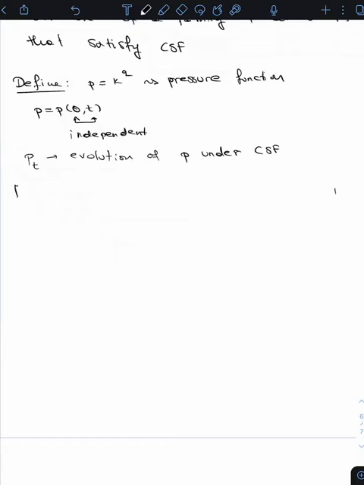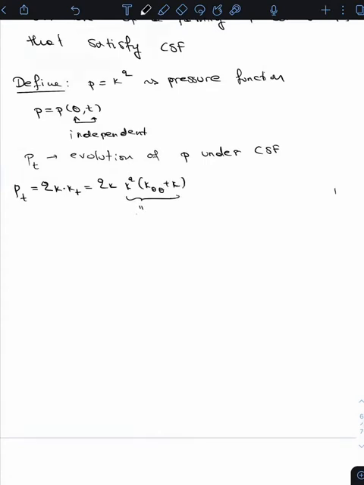Okay, as P is equal to kappa squared, P_t is 2 kappa times kappa_t, and we know that we can compute the evolution of the curvature under curve shortening flow as kappa squared times kappa_theta_theta plus kappa.